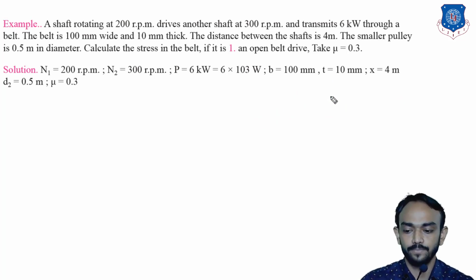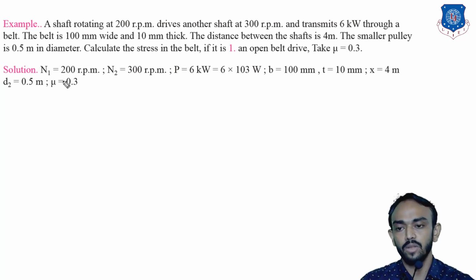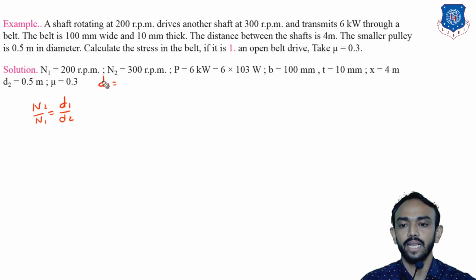Let's start. First of all we need D1, the diameter of the larger pulley, and for that you know the formula: N2 upon N1 is equal to D1 upon D2. So with the data, N2 is 300 divided by N1 200 is equal to D1 divided by D2, which is 0.5.